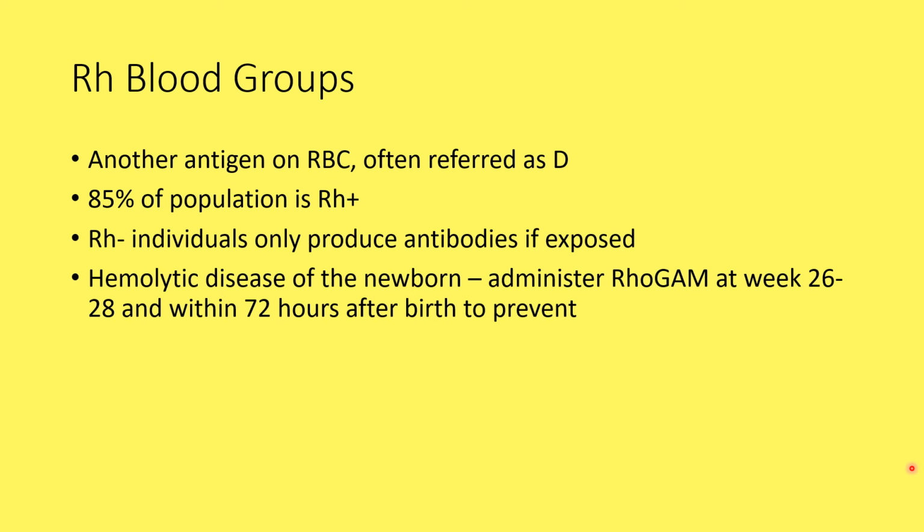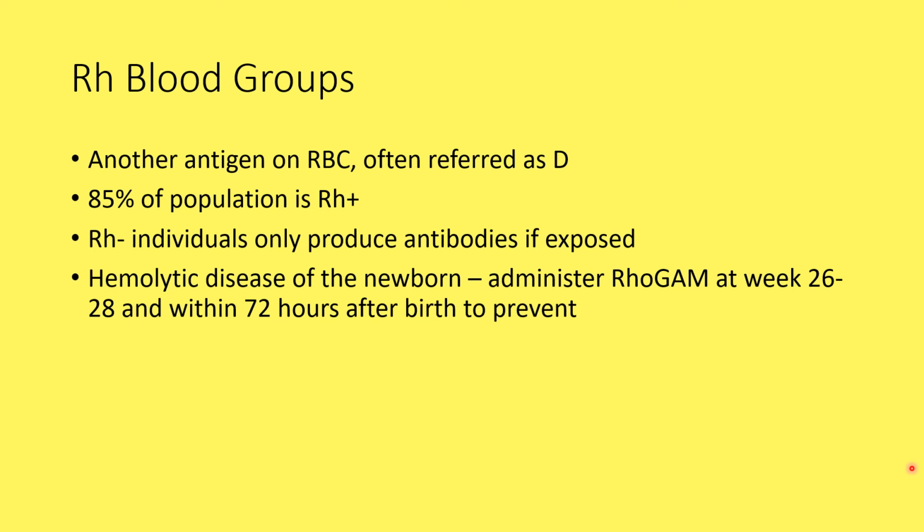Now, this is a little different. The 15% of the population that's Rh negative, this is a case where you don't have that antigen. If you are exposed to it, you will produce antibodies against it, but only if you are exposed. So if you've never been exposed to it, it's not a problem.